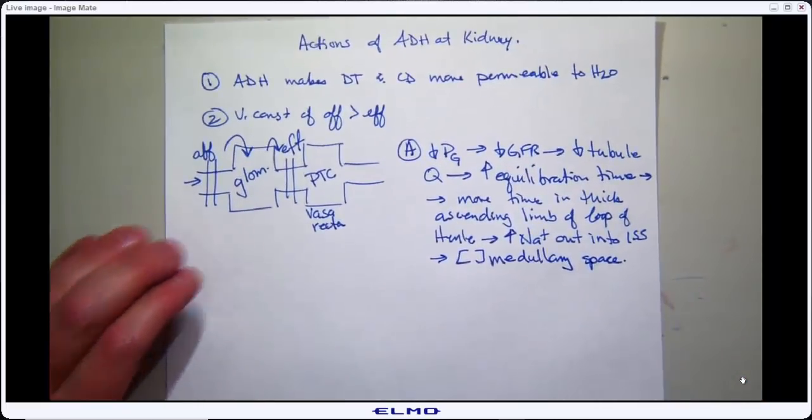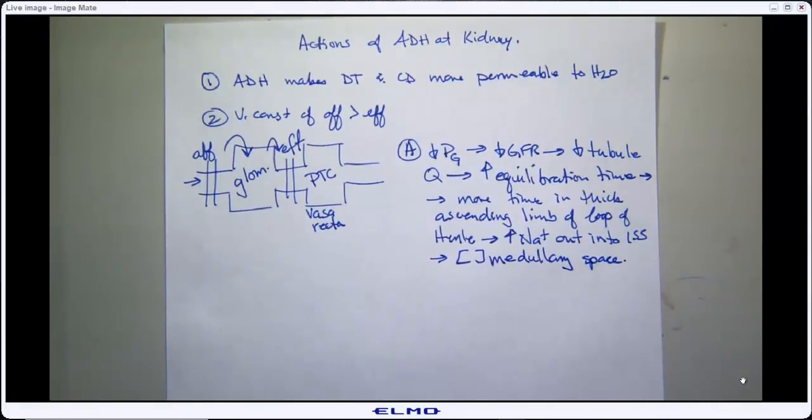So this will only work to concentrate that medullary space if I don't have the vasa recta take it off, right? If the vasa recta just takes off this extra stuff, then the medullary space will remain at the same concentration gradient, okay? So then let's look at what's happening downstream at the vasa recta.